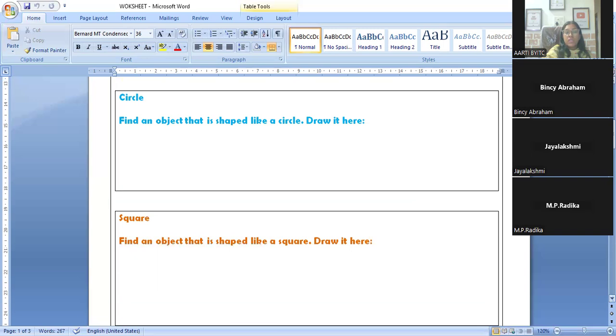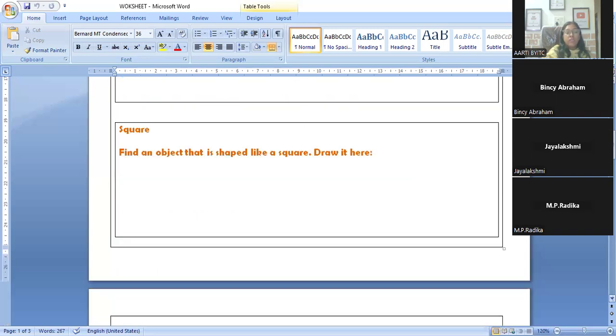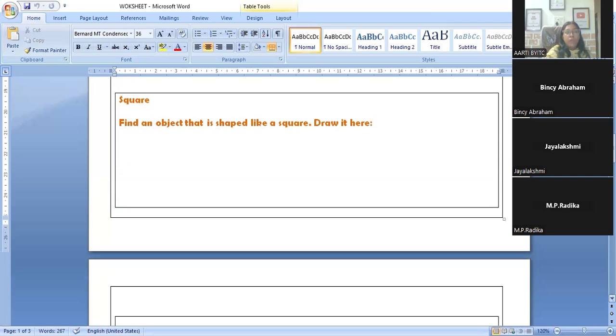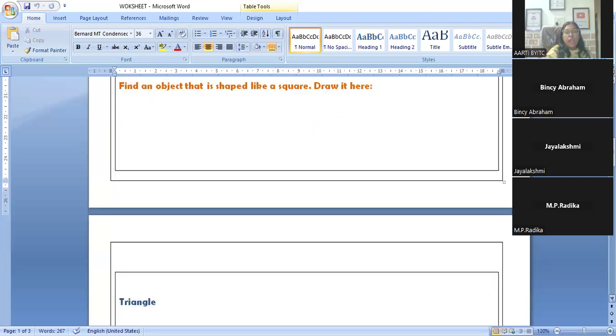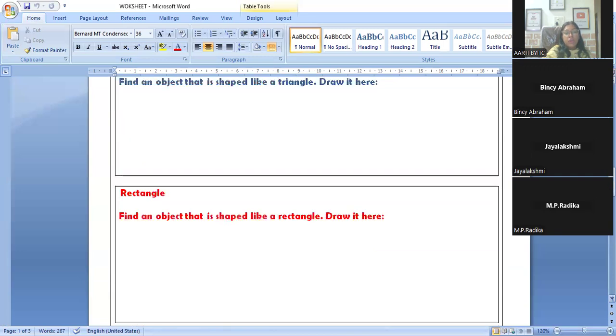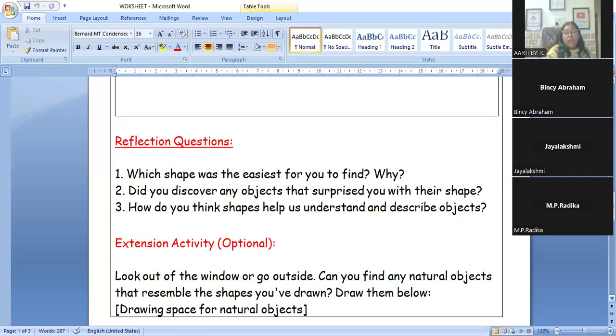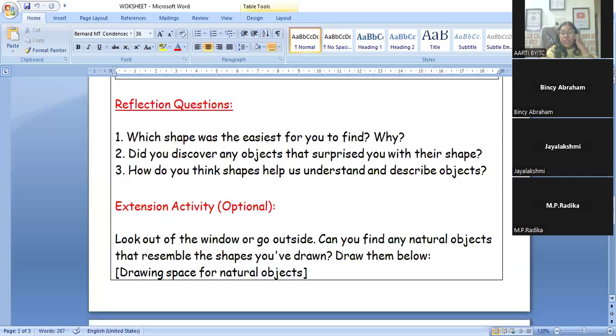For the rubrics, they need to find the object, then they draw that object. Similarly, for circle, for square, after that triangle and rectangle. So this is how they do. Now, at last, definitely, I have explained it before as well, that reflection based questions should be there. So what they have done, they have explored, they have done drawing, they have done matching, and they will speak also.